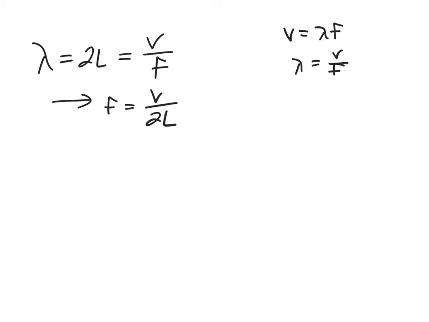And so this would be the frequency of that fundamental mode, that first frequency that we drew with the one huge half wavelength. We also had lambda equal to L, and that would lead me to a frequency for that second one. That was frequency 1, that was frequency 2.